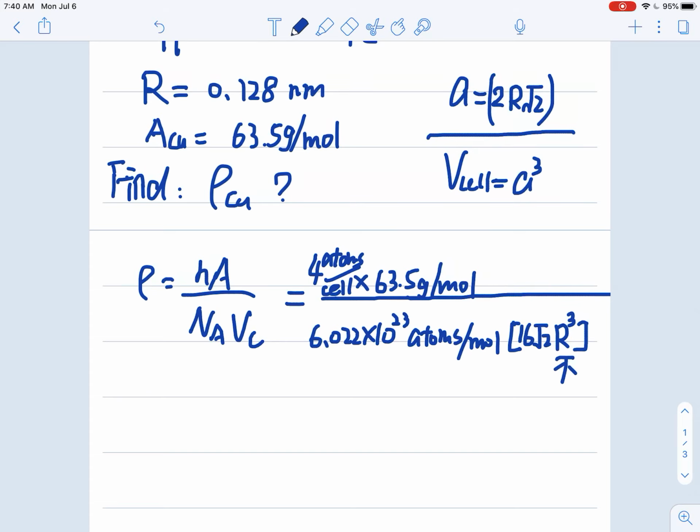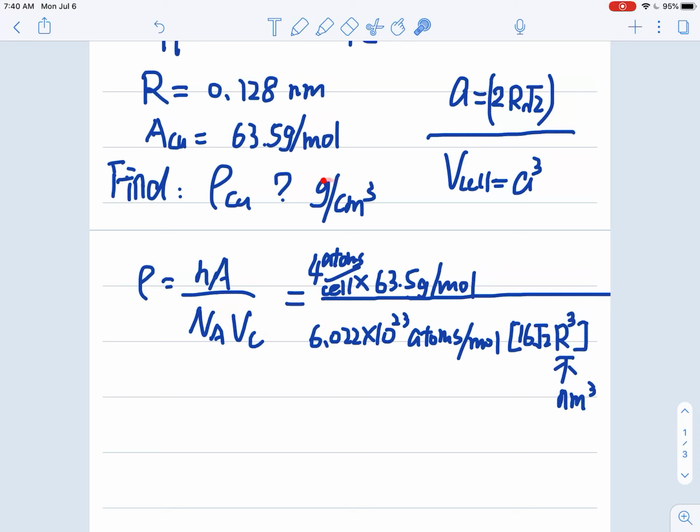One thing to be careful of is to make sure you put units for the values. Otherwise, you're confused and get lost. Okay, let's put our density in terms of grams per centimeter cubed. So when you do the theoretical density calculation, you want to make sure your units are consistent.